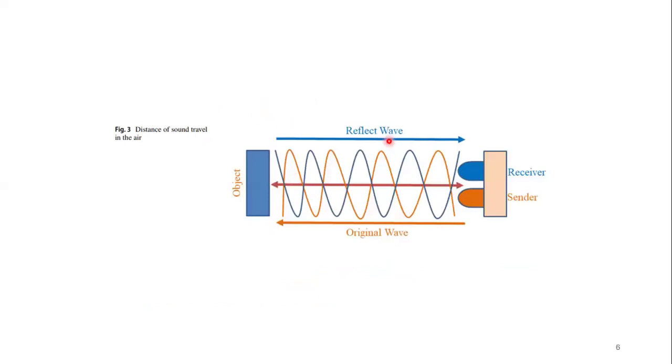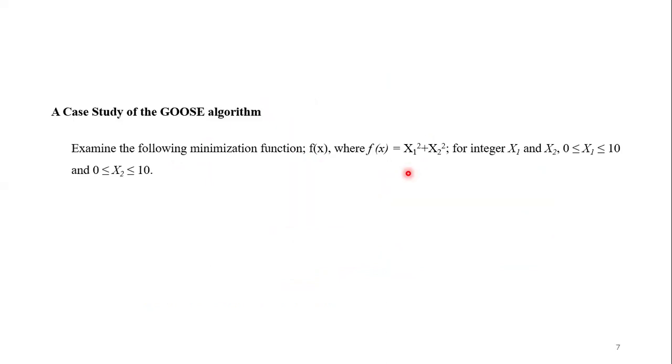Again, there's also the idea of the distance of sound travel in the air: sender and receiver. When the sound goes to the object and comes back, that's the analogy of the distance of sound travel in the air.